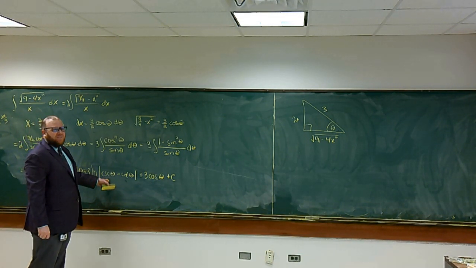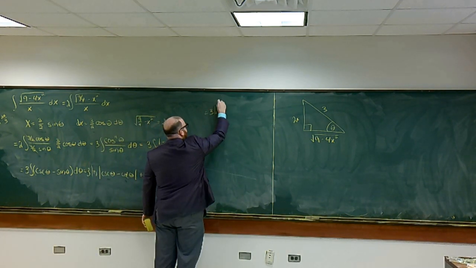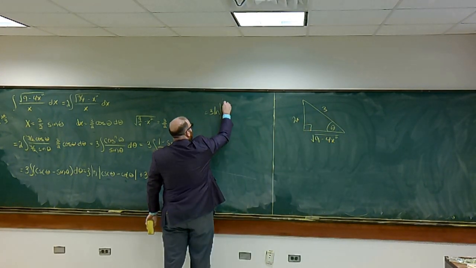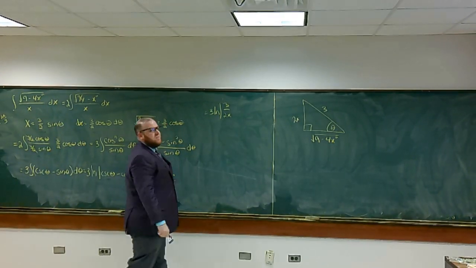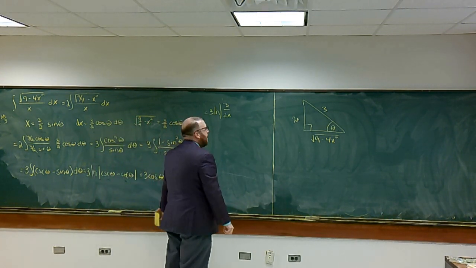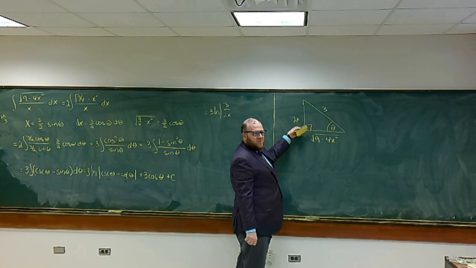Cosecant: hypotenuse over opposite. Cotangent: adjacent over opposite.